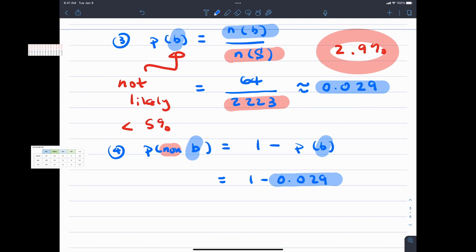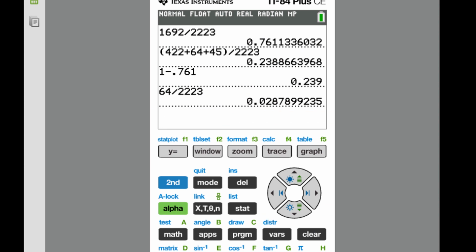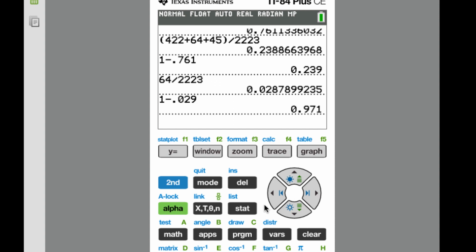Is that right? So what is this approximately now? Go to the TI. 1 minus 0.029. What do you get? 0.971.